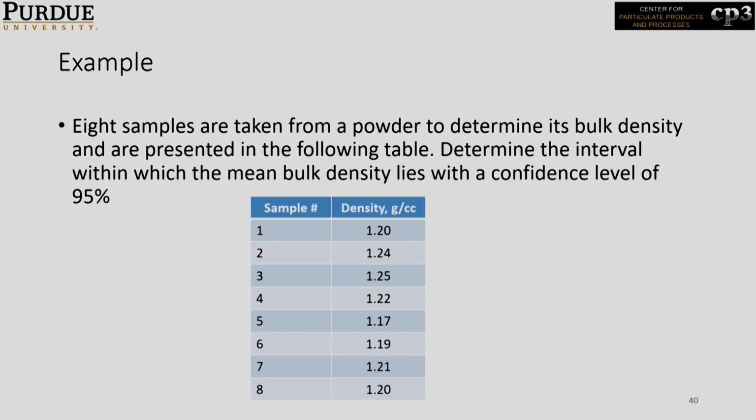So first we are not calculating the number of samples, but we are calculating the interval within which the mean bulk density lies with a confidence level of 95%. So whatever 8 samples you have collected, you have to be sure that it's an accurate representation of the bulk sample. Okay.